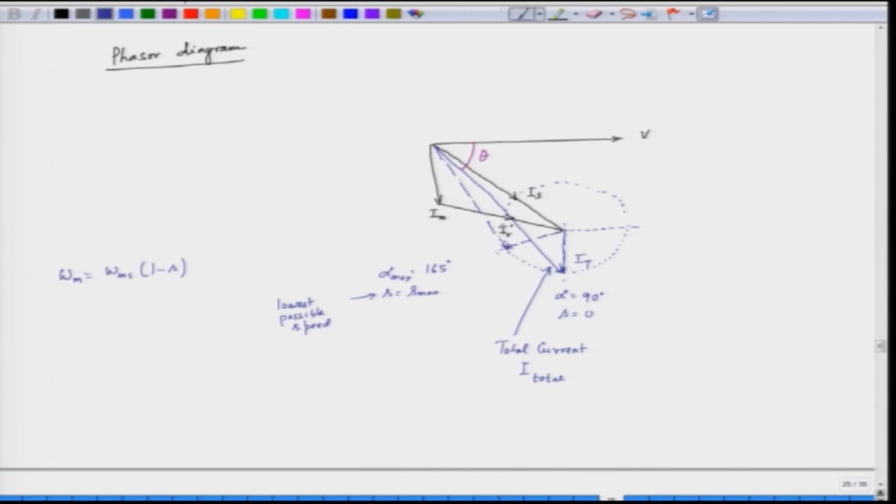So, this is I total for maximum slip. And what about the corresponding angle here? Angle is theta. So, what we find here is that when we change the speed, the power factor also changes, and in fact, when the slip increases, the power factor becomes poorer and poorer. So, we conclude here that at a lower speed, the motor operates at a reduced power factor.